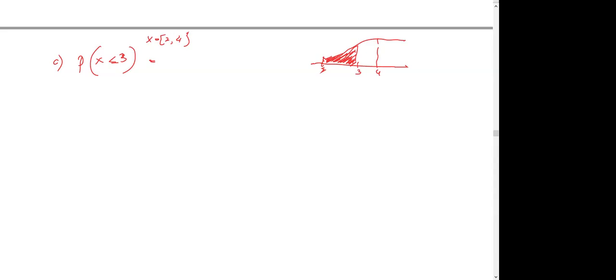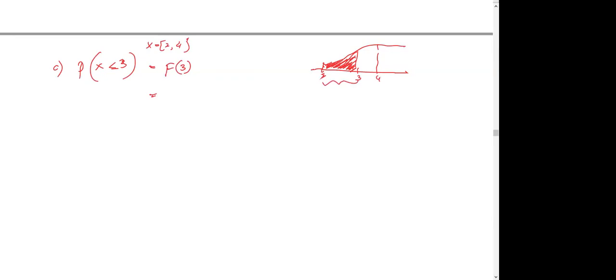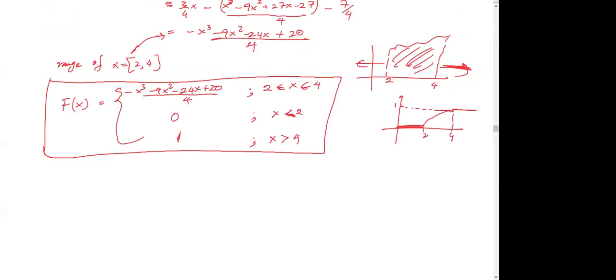Okay, so x in your range. You can use your F(3). Simply plug x equal 3 into the previous equation for when x is in the 2 to 4 range.